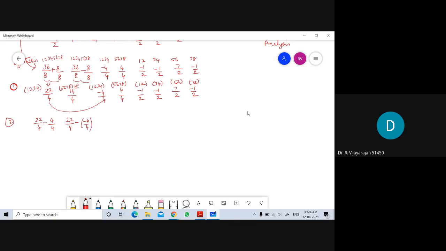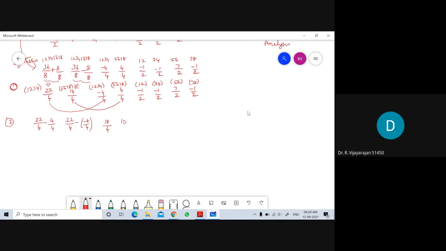So this is the first case. Then you consider these two. So 14 by 4 plus 4 by 4, it is going to be 18 by 4. And 14 by 4 minus 4 by 4, it is going to be 10 by 4.